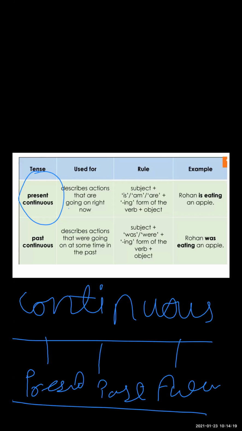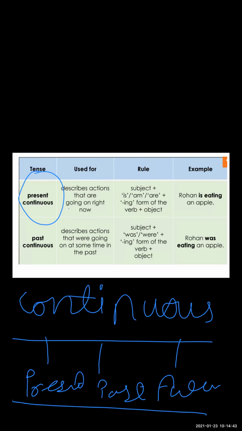It's happening right now. So, just simple. You just have to take a subject. As usual, I took Rohan. Then you are going to add is, am, are, and the ing form of the verb.